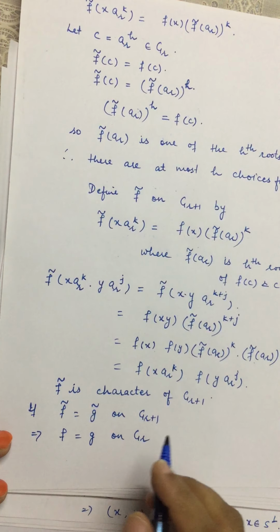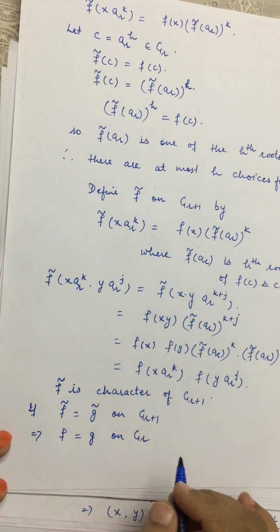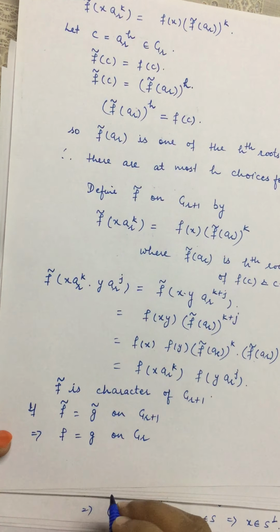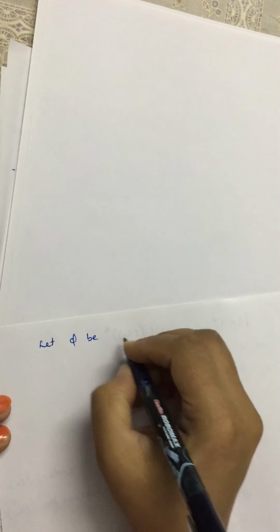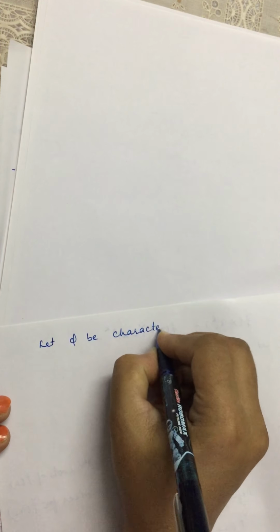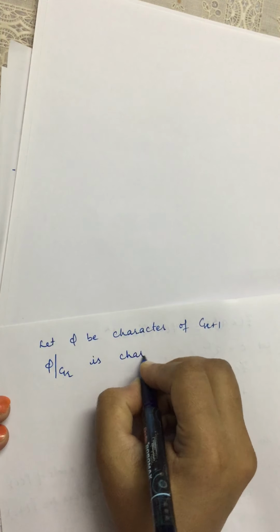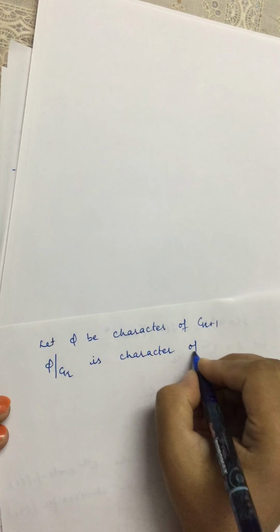It means there exist at least mh characters for GR plus 1. And second thing, let phi be a character of GR plus 1, then the restriction of this phi to GR is a character of GR, because to be a character we need only the multiplicative property and the non-vanishing property.